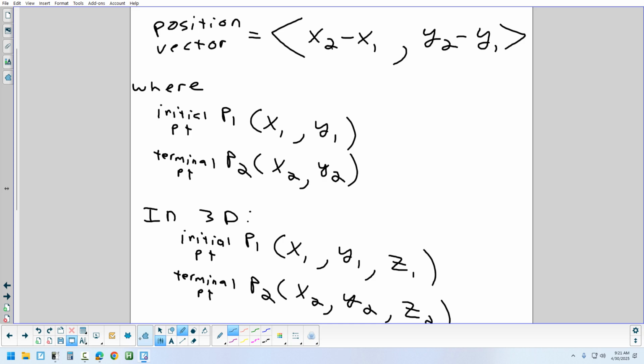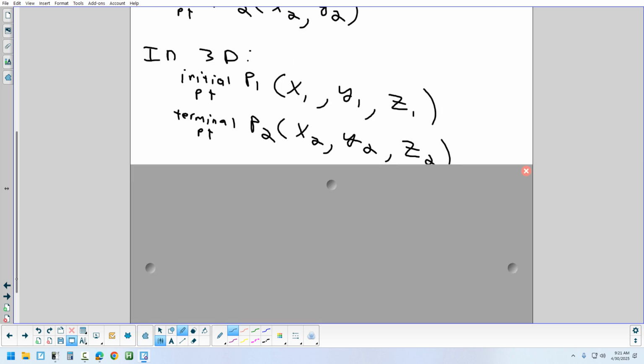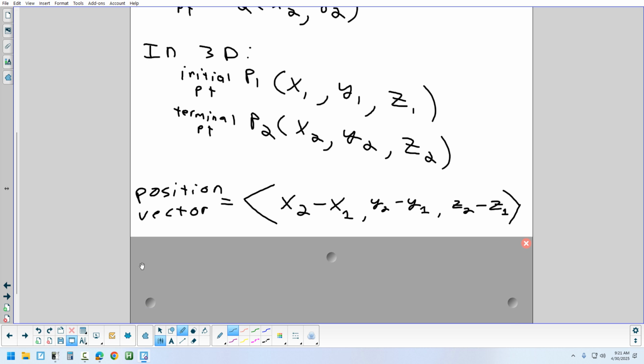Right, we're just going to do a comma and put a z2 minus z1 on the end of the formula. So again, extending what we did in 2D to 3D is very straightforward. Just do the same pattern you've already done for the x's and the y's, one more time for the z's.